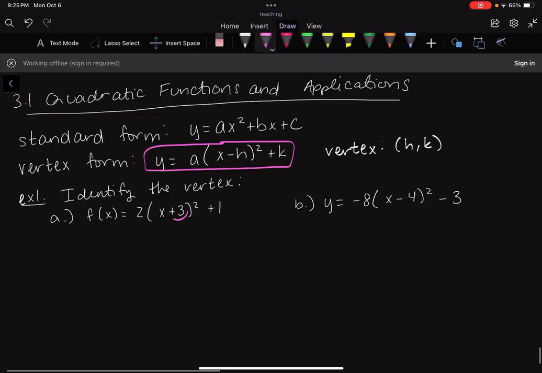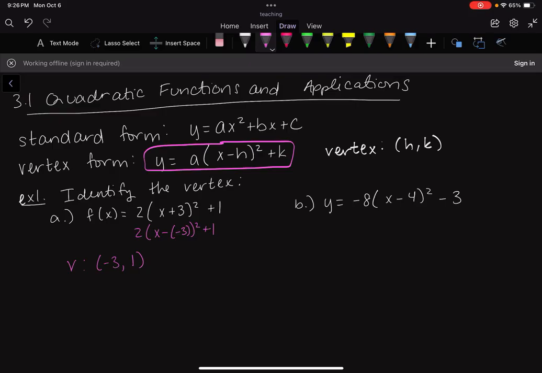So my h in this case is going to be negative 3. Be careful. It's a lot like with the circles. If you compare this to the formula, what you're really seeing is x minus negative 3. So when you write your vertex, it's going to be negative 3 comma, and then plus 1, so positive 1.